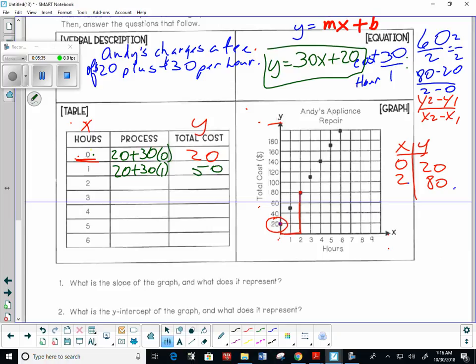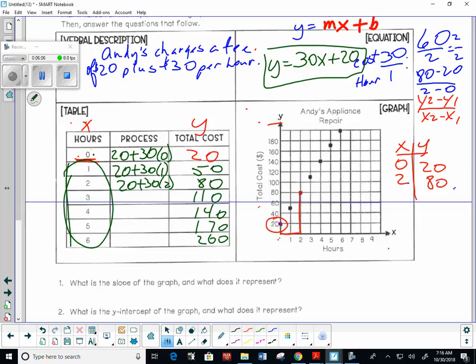Since we're counting by ones, we can already see a pattern. 20 plus 30 times 2. 30 times 2 is 60, and then 20 more gives us 80. We're increasing by how much? Since we're only counting by ones, it's easy to increase by 30. So 80 plus 30 is 110, plus 30 is 140, plus 30 is 170, plus 30 is 200.